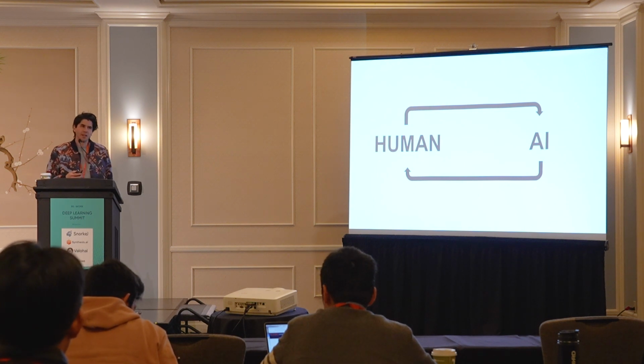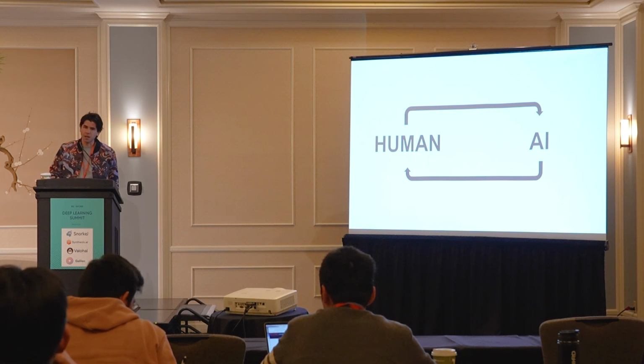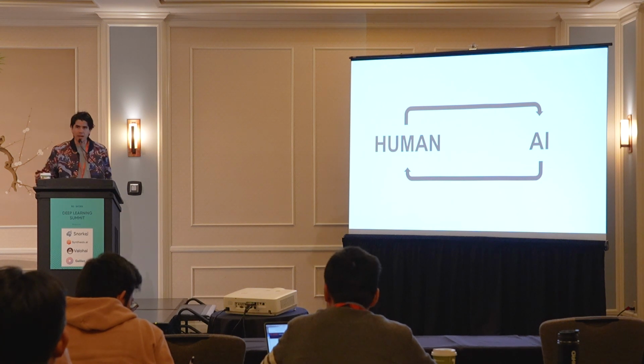Even if you're at 99% accuracy, that's wrong once every 100 times. So we need a way to build upon that and have some kind of collaboration with these systems. And that really matters for design.